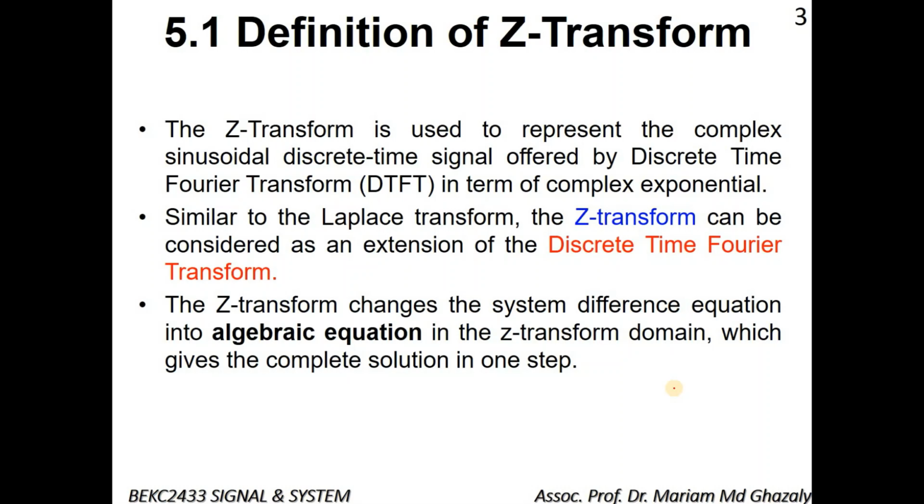So there are mainly three methods that you can use when you have a continuous time signal. First one is Laplace transform, which you have learned in the control subject. Second one is the discrete time Fourier transform, which is in the frequency domain.